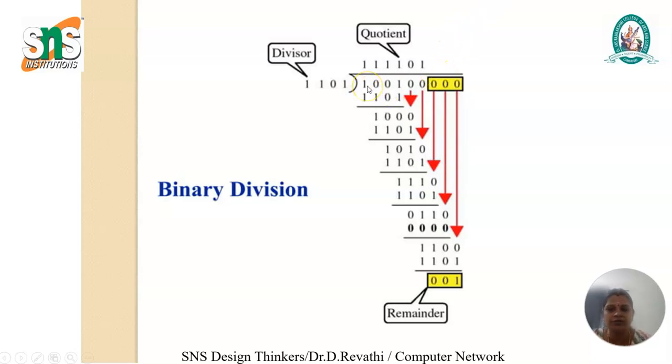Here we are going to see an example. 100100000 is divided by 1101, which is called the divisor.